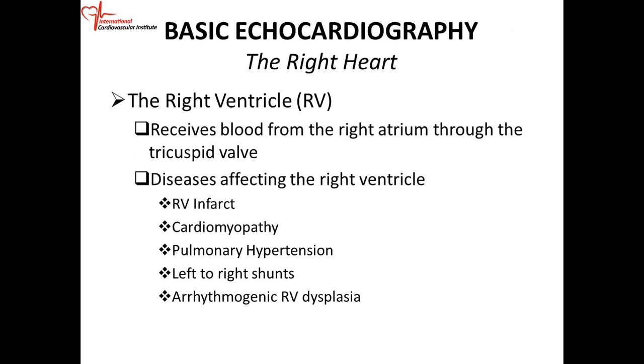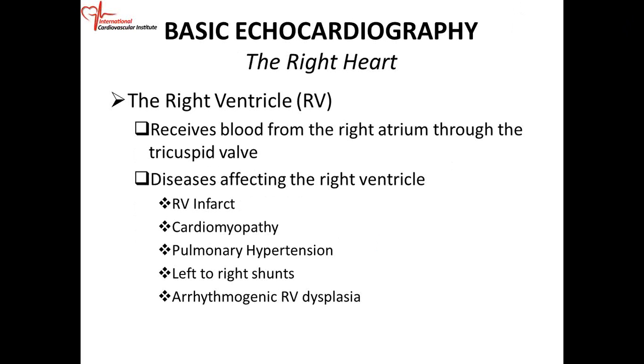So some of the disease that can affect the right ventricle is RV infarct. So a heart attack involving the right ventricle can affect the pumping function of the right ventricle.